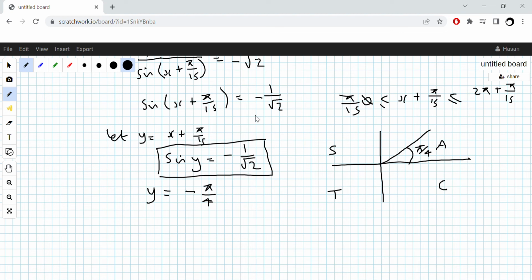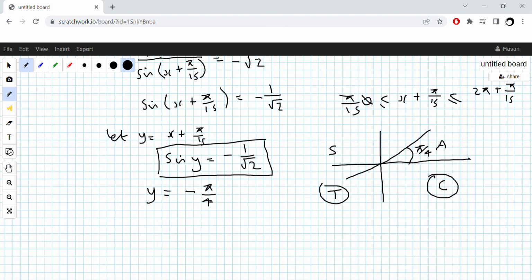Therefore, the regions we must be looking at is this one and this one, because sine y is positive in the all section and sine section, but is negative in this section and this section.